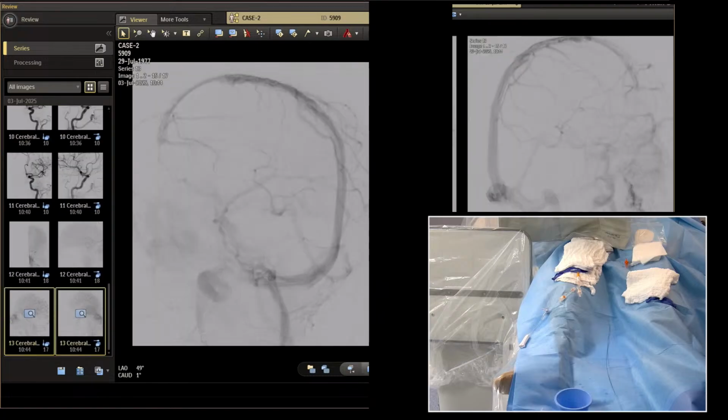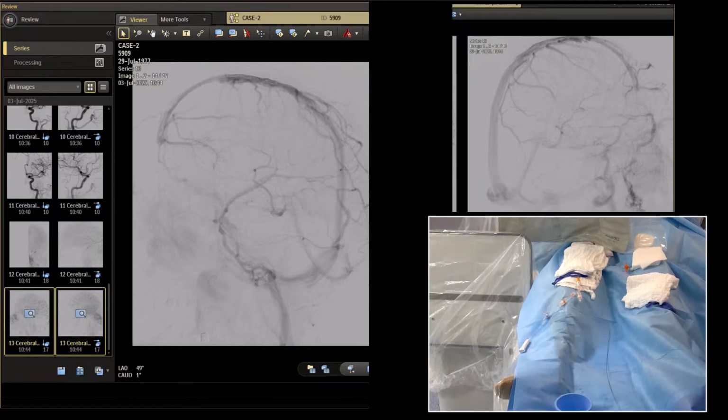It's overlaying, huh? Okay. I will go to the right side and we'll check the right territory for the venous venography, and then we can do a control CT and finish the case.